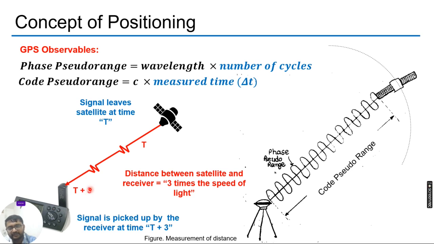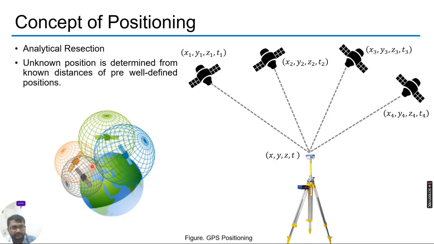If we take the difference, it is a difference of 3 units. If we multiply it with the speed of light, the distance between satellite and receiver is 3 times the speed of light. So by using these two ways we can find the distance between the satellite and the receiver.